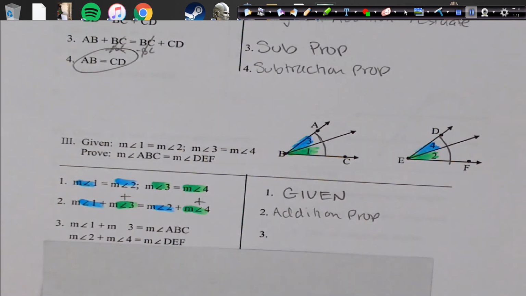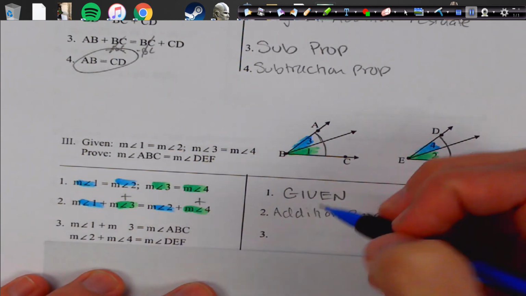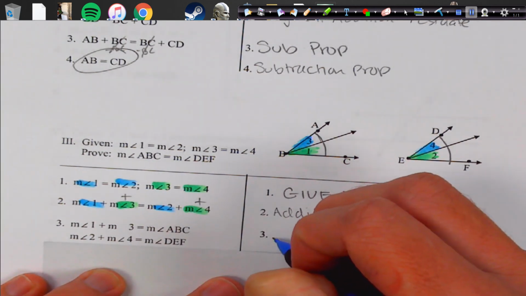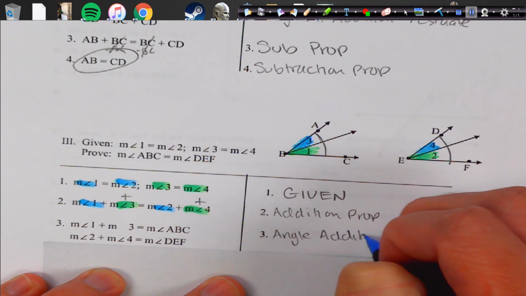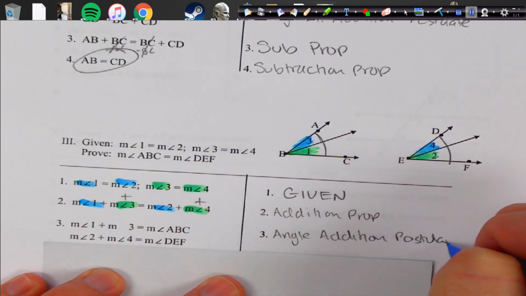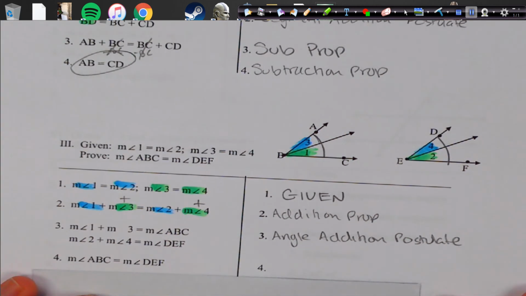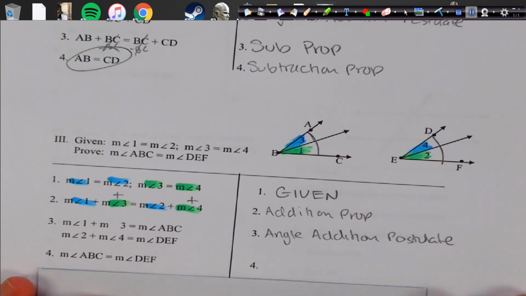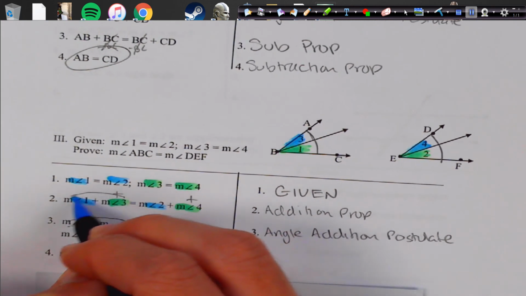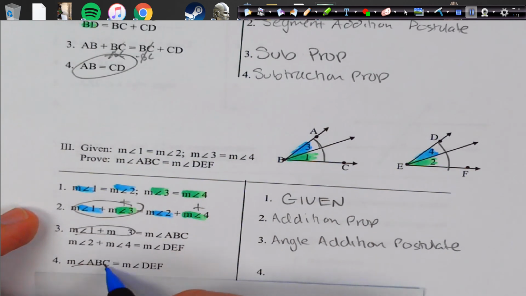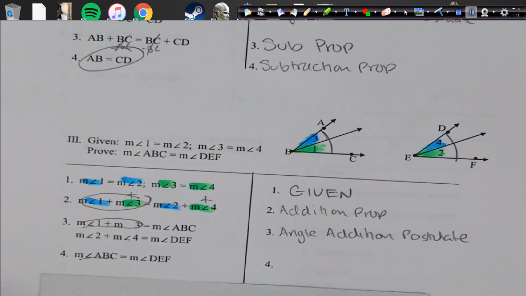Well, the measure of angle 1 and 3 is angle ABC, and measure 2 and 4 is angle DEF. And so these two angles, that is the angle addition postulate. And then last but not least, instead of writing 1 plus 3 right here, we can write angle ABC.